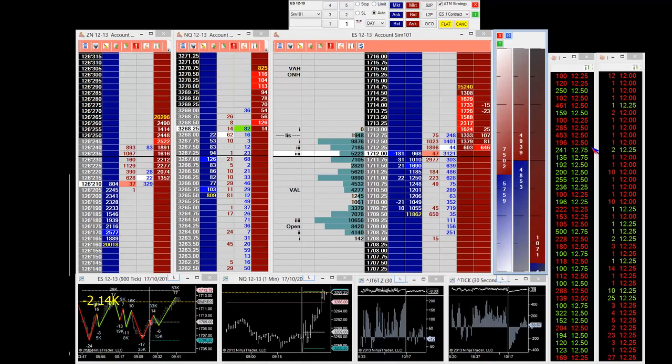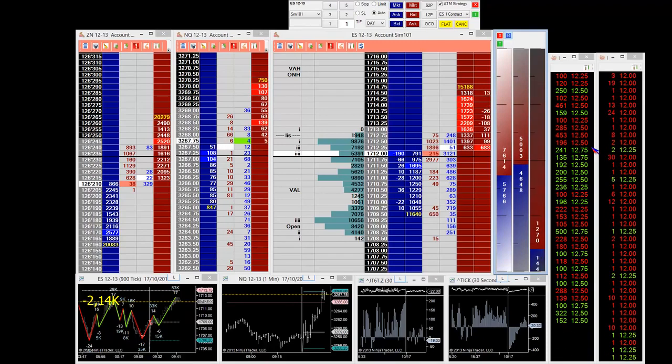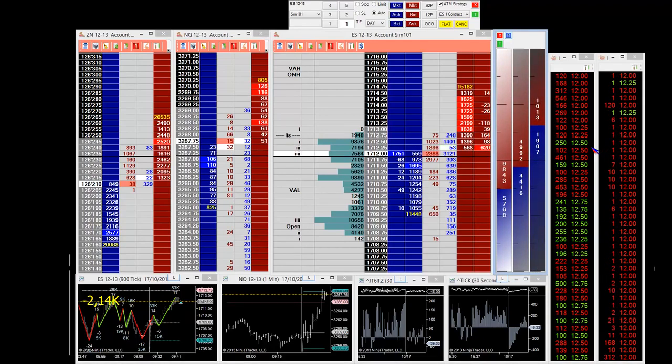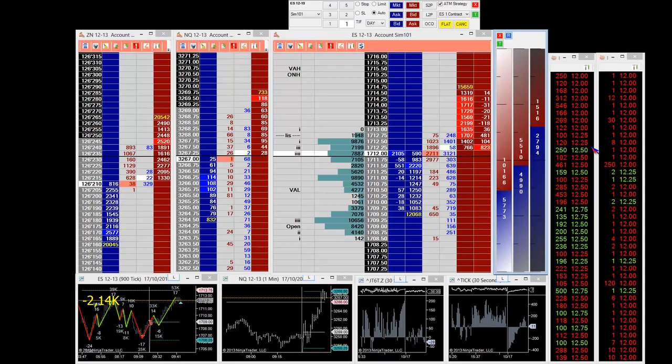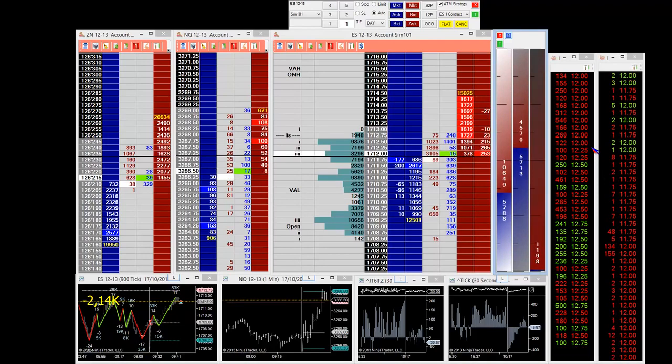So what you're actually seeing there is 100 contracts traded at 12.25. Red is a sell, green is a buy. And so what we've got there, we've got a time and sales on the left that is showing us transactions over 100 contracts, and a time and sales on the right that is showing us transactions of any amount of size.